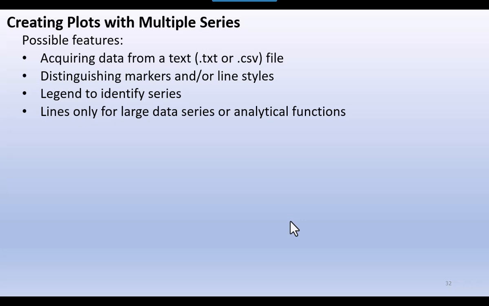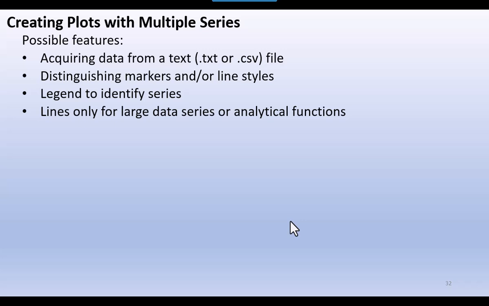We just want to use lines connecting the data and see the patterns. Or if we're plotting analytical functions, we really don't want to use markers since the plot doesn't represent experimental data. And we just want to use line segments to go and create the plot.